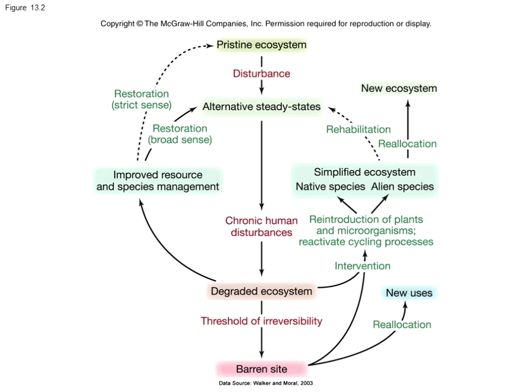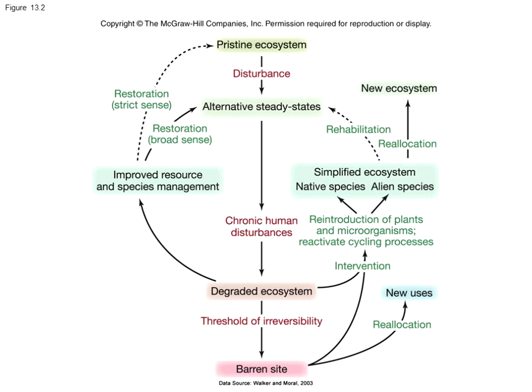So this is kind of a model, and I think the best way to study this is to start at the bottom with a barren site, go up the middle, and then look at the different approaches you can take on the outside. This is a useful model when you approach restoration ecology. The key to this is matching pragmatic techniques to the goals of your restoration project.